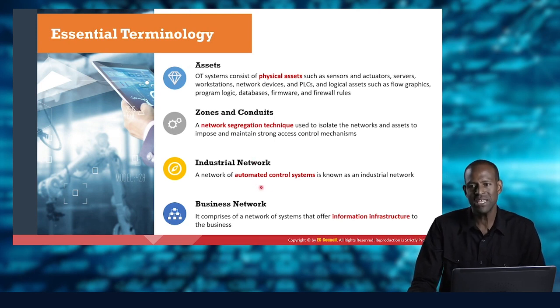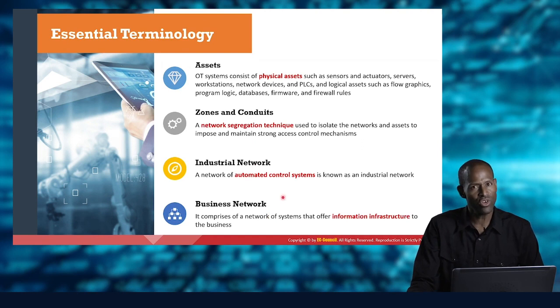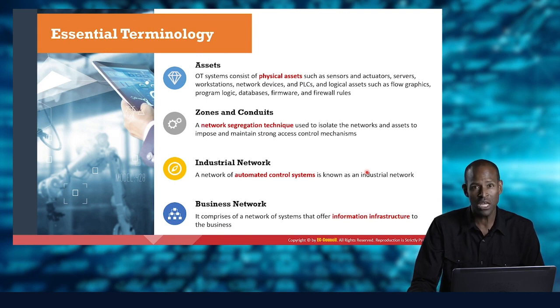The next thing we have is the industrial network versus the business network. The industrial network are automated control systems that make up OT, and it's all industrial. Robot arms, conveyor belts, sensors. I was watching a video the other day of how, I think it was plywood was made, and there was an entire path from tree to log.